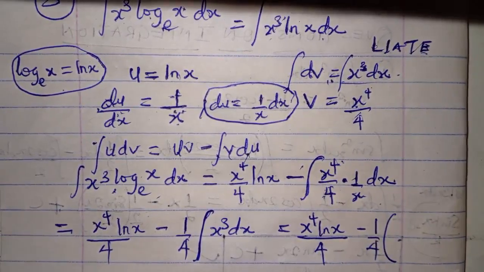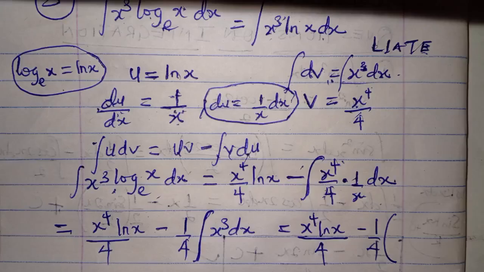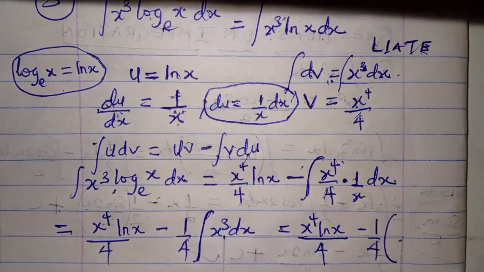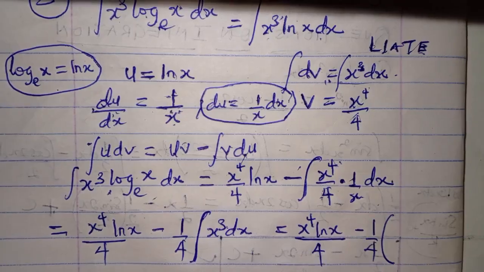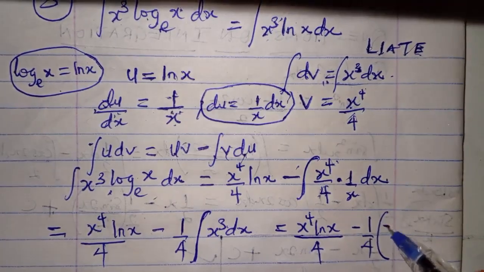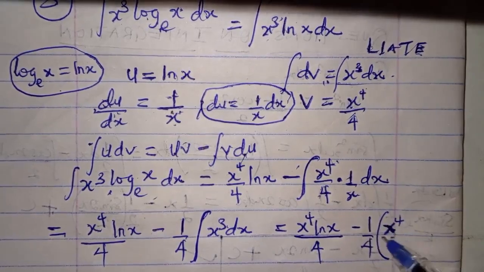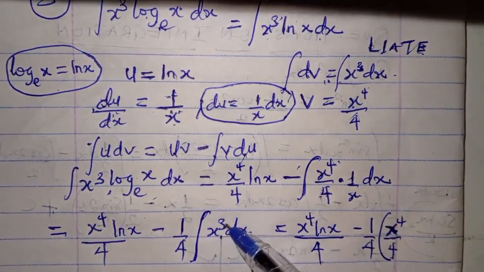What is the integral of x cubed dx? Going by the principle of integration, add 1 to the power, then divide by the entire sum of that power. That will be x raised to the power 4 all over 4, because 3 plus 1 is 4.